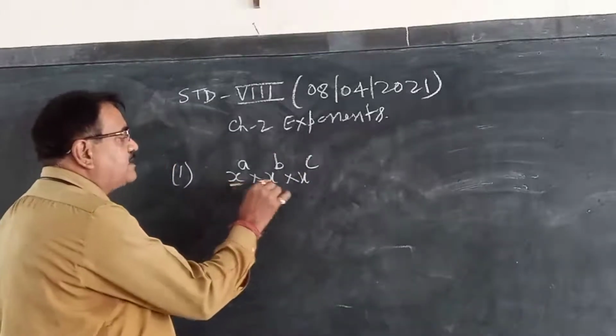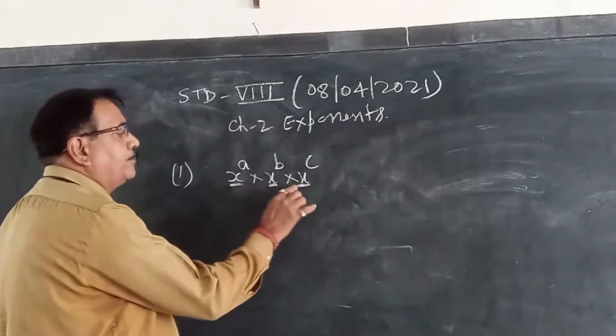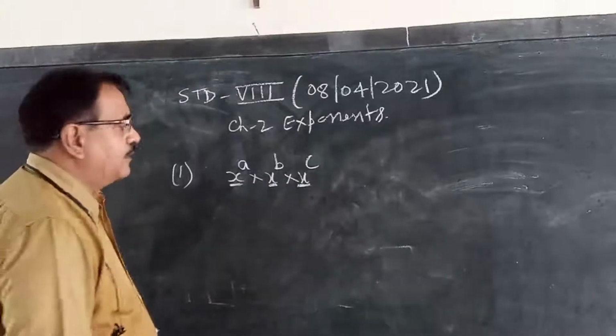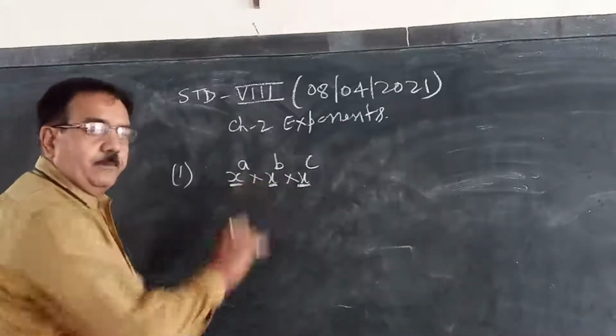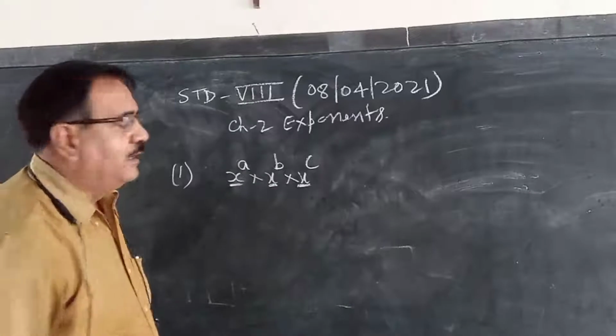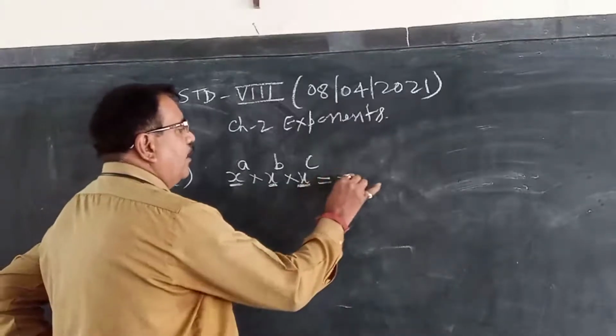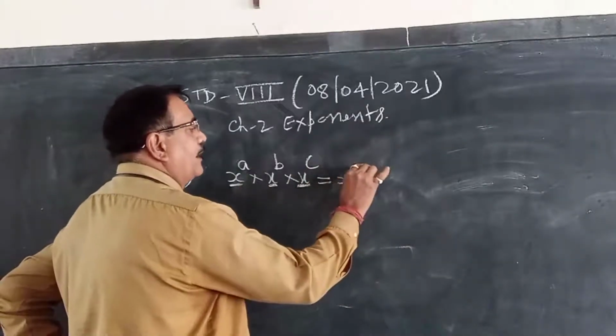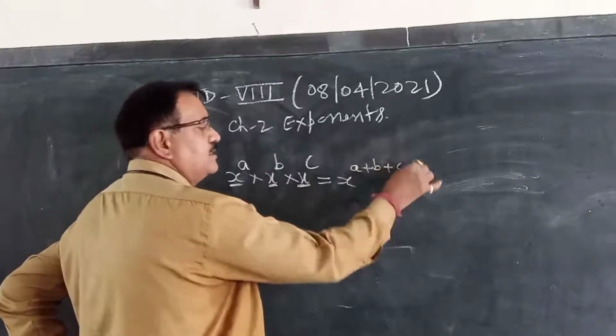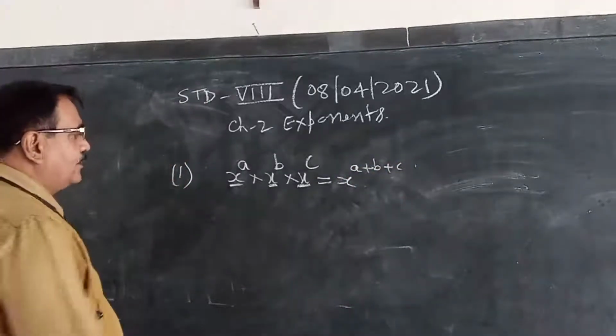See here, the base in all three is the same, that is x, and there is a multiplication sign among them. So what is the result? The result is that all the powers will be added, a plus b plus c. This is the rule.